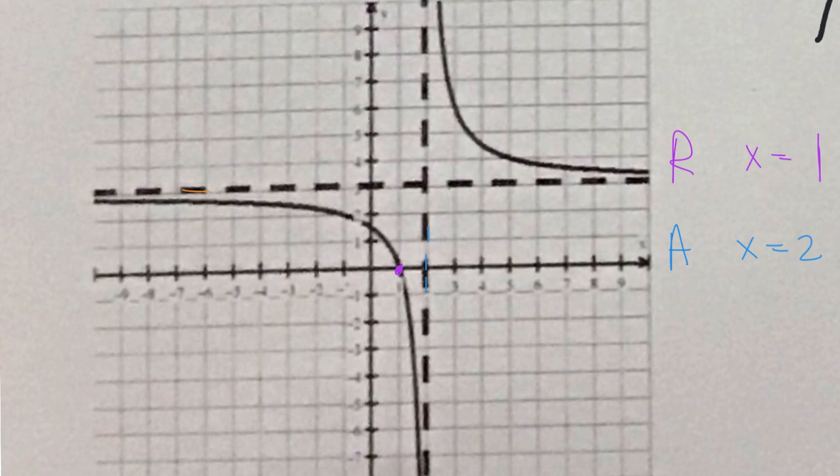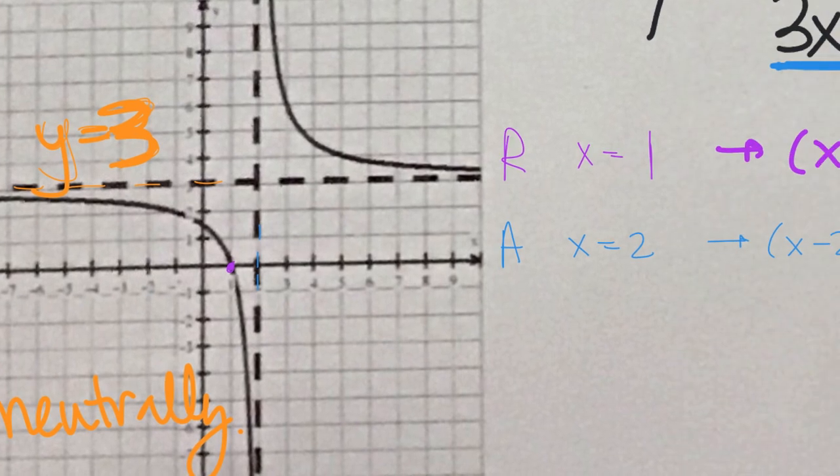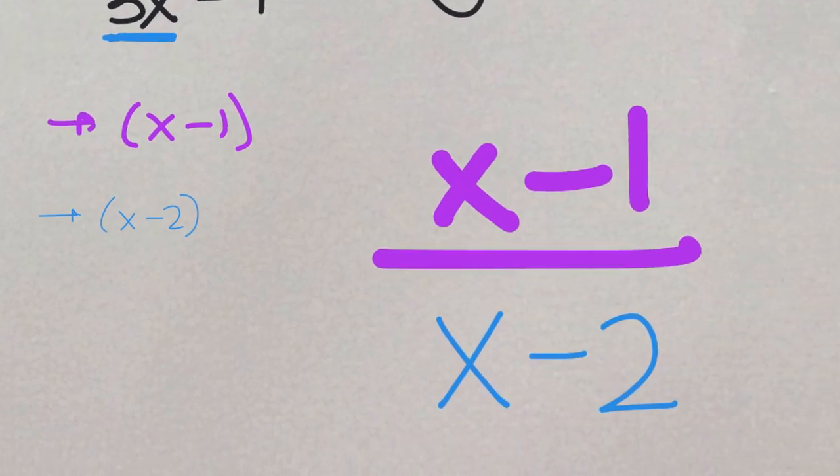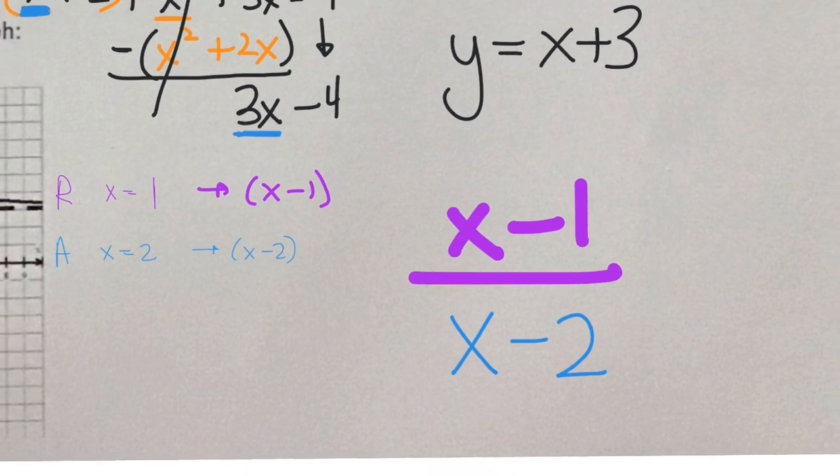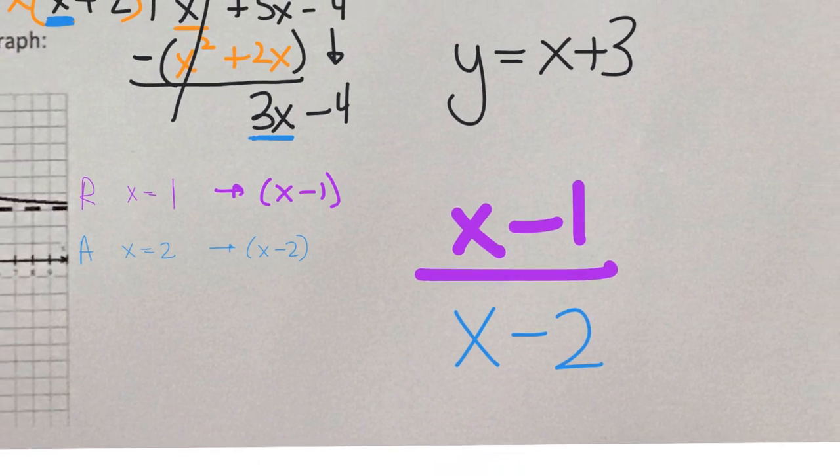Now let's see, what else do I have here? I'm noticing a horizontal asymptote of y equals positive 3. That means that I have a neutrally heavy equation, right? So let's look at what we have over here. I have x on the top and x on the bottom. Sure enough, that currently is neutrally heavy.